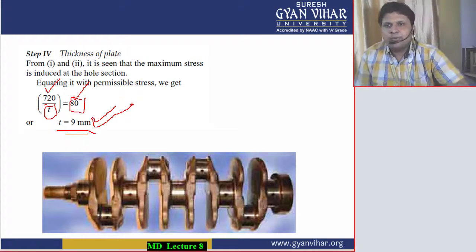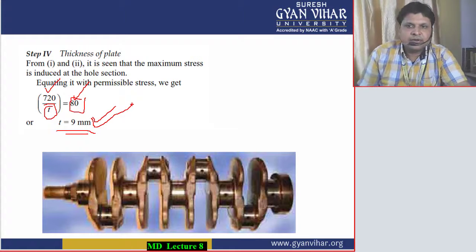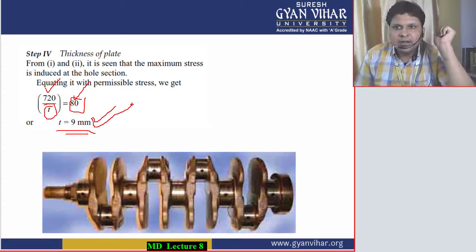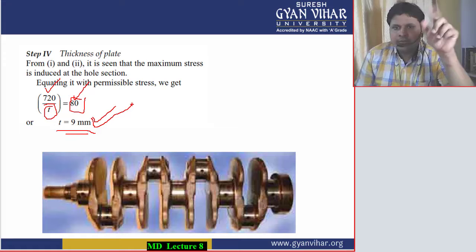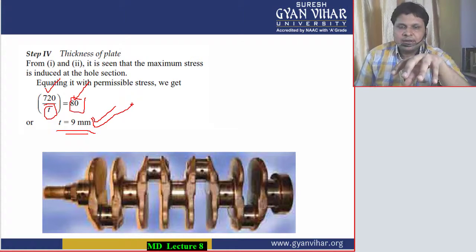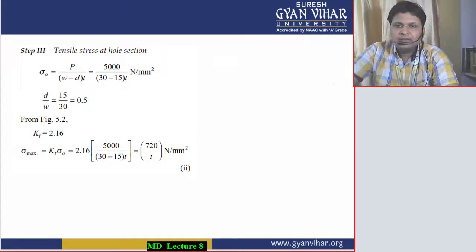This was an important question, and in this the whole designing concept has been understood. How? The first concept to keep in mind is that whichever stress value is higher is considered to fail first. Like here in this particular numerical, there was a hole as well as a fillet section.